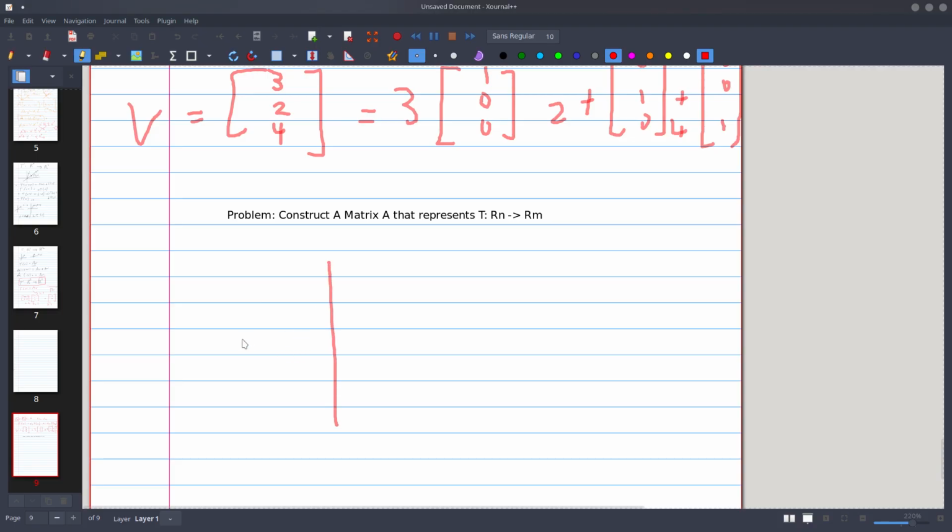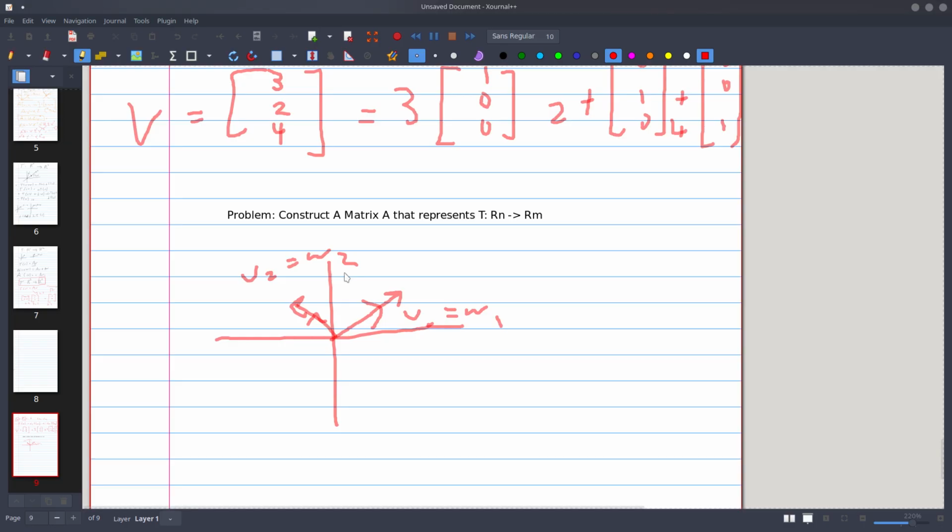This will look something like this. We can use the same basis actually. In this particular case, the basis vectors will be the same for both spaces, so V1 is W1 and V2 is W2.